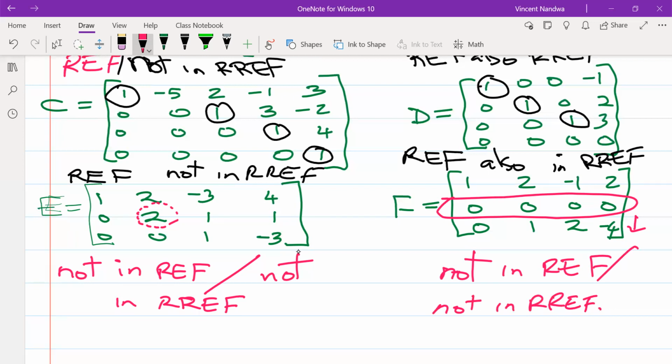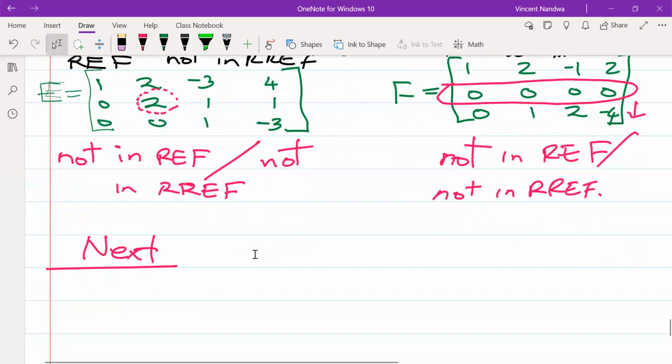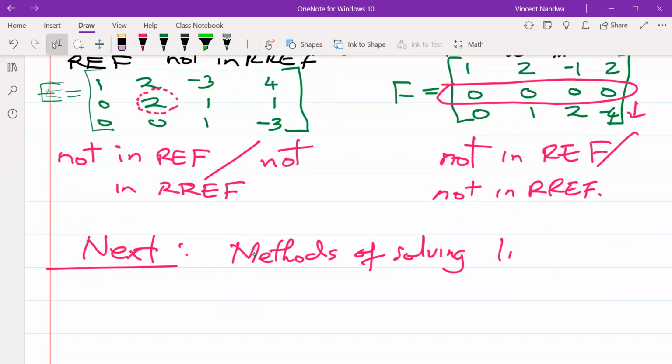So next time we meet, we will be discussing methods of converting non-row echelon form matrices into row echelon form matrices, and also how to extend from row echelon form to reduced row echelon form. So we'll be discussing methods of solving linear systems, which involves conversion from non-row echelon form to row echelon form.